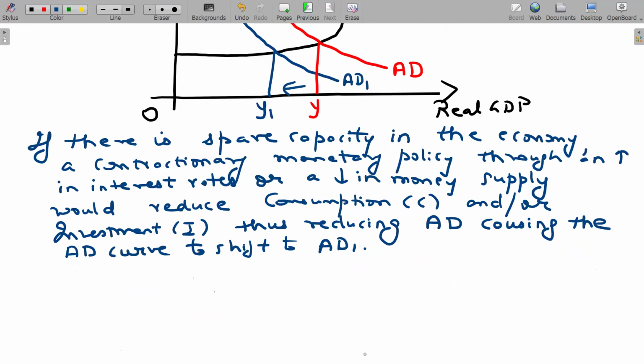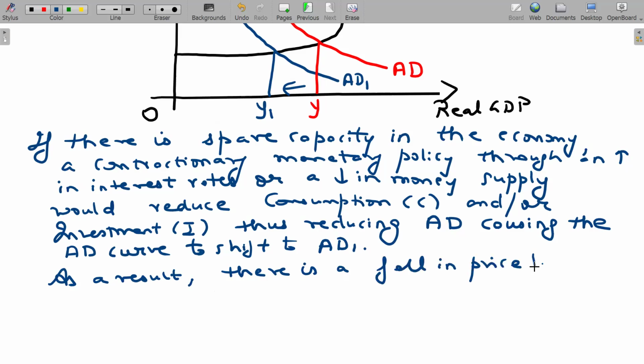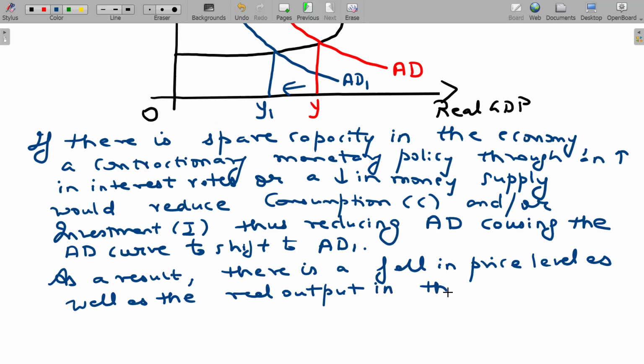As a result, there is a fall in the price level as well as the real output in the economy.